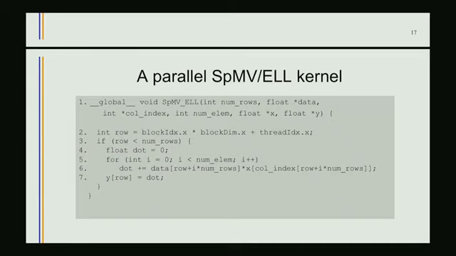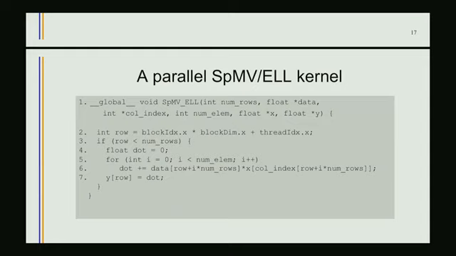If I'm operating on a row, I know where to start the row, and I know where to end the row, because each row has a fixed number of elements in it. I don't need to store row pointers anymore, that is, if all the rows are the same size, which is what I'm assuming in this code.